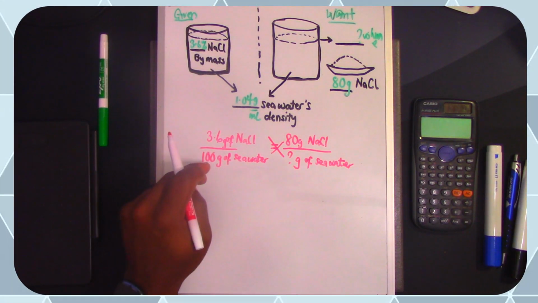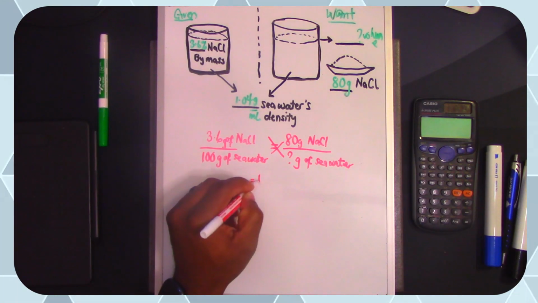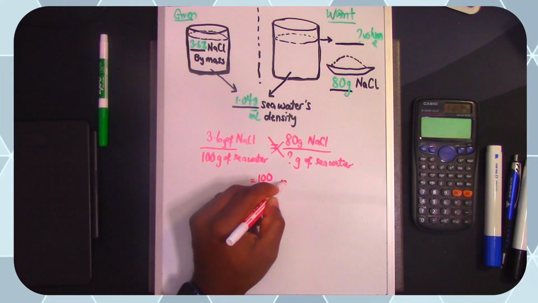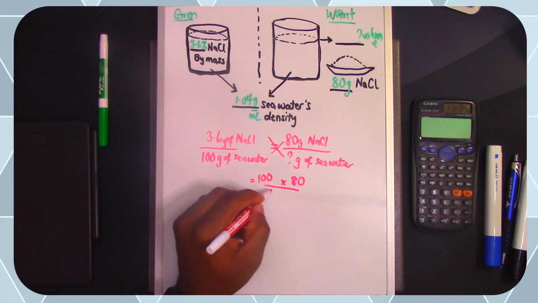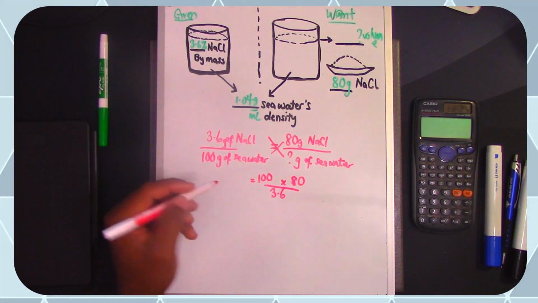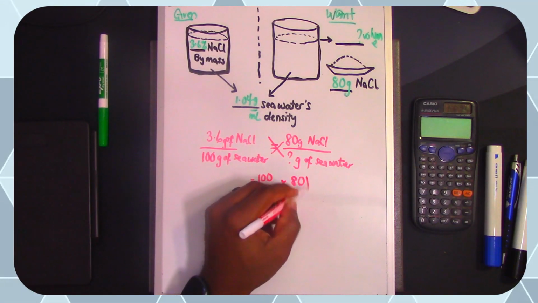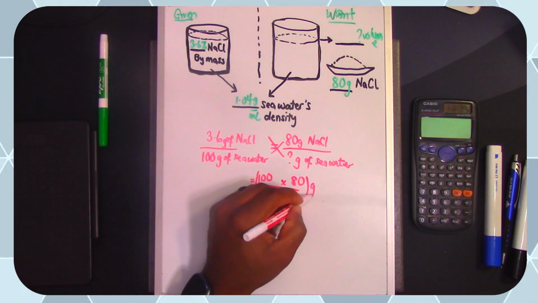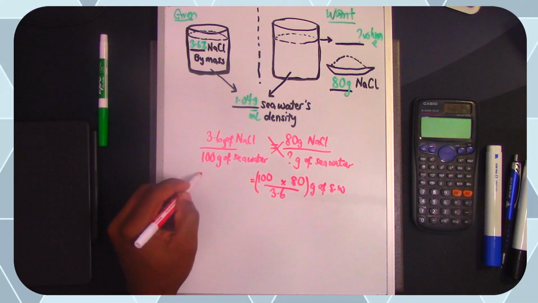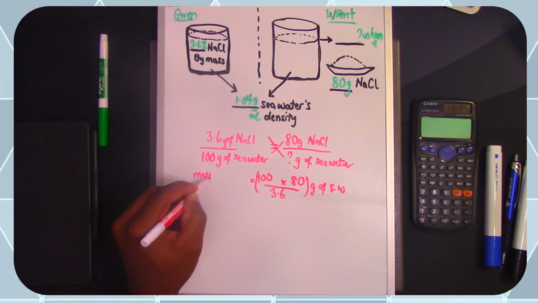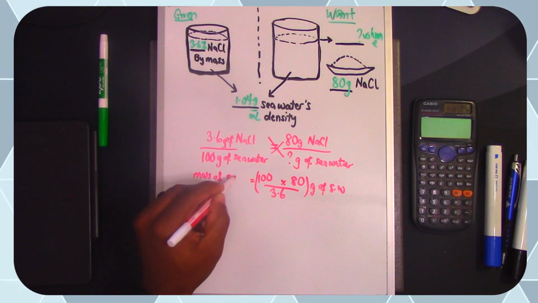In this case, we'll multiply 100 by our 80, and we're going to divide our answer by 3.6. Take note that our answer here is going to be in grams of seawater, and that is what we are trying to find, the mass of seawater.